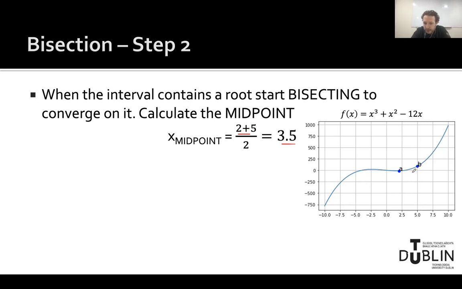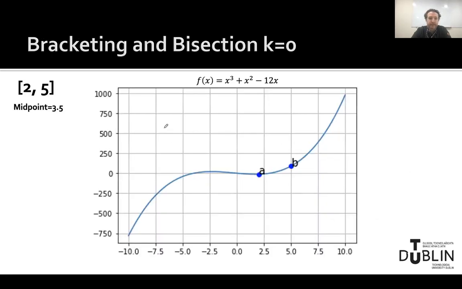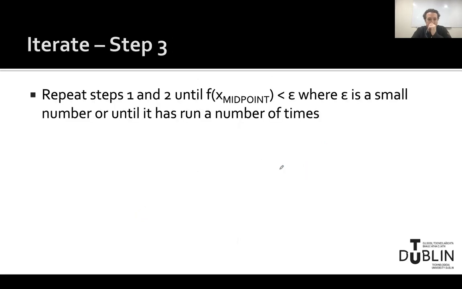We find whether the f of it is above or below the line. We now find the f of the midpoint, and we keep doing this until the f of the midpoint is very small, or the values start repeating.